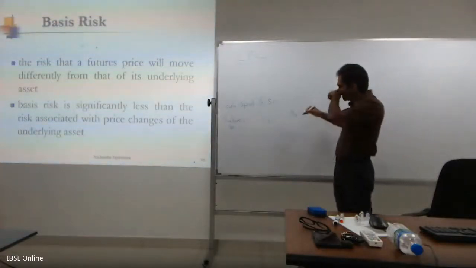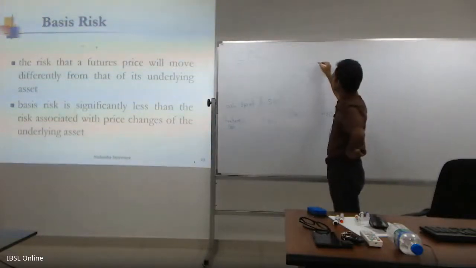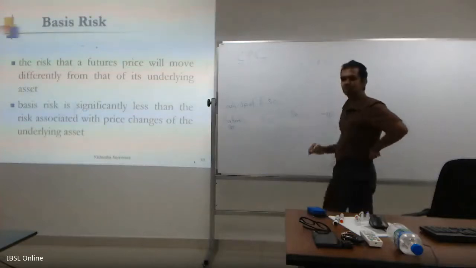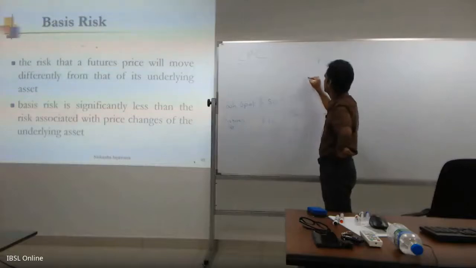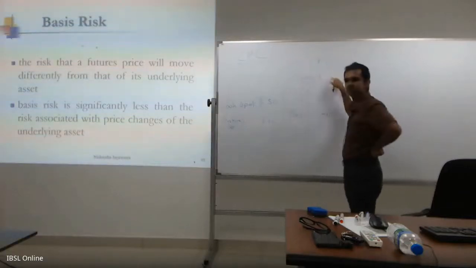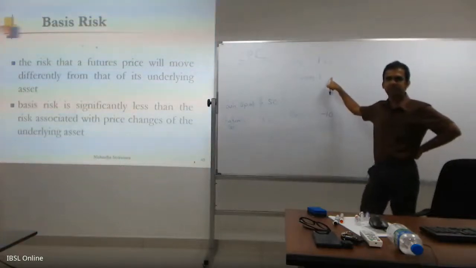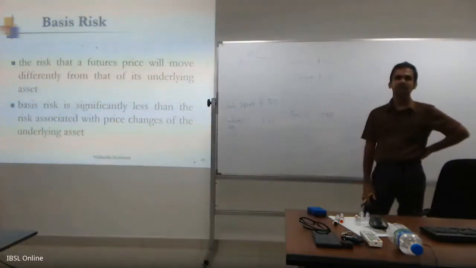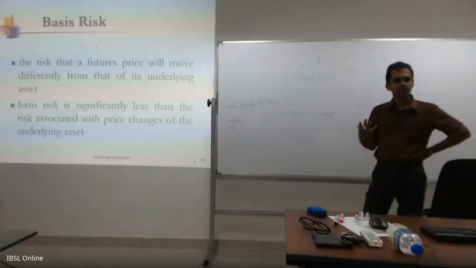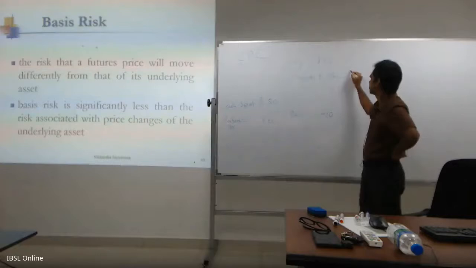Say after 1 month, the cash price may be 52. What do you expect for the futures price? Would you expect it to be 62? It may or may not. It may be 65 or 58.